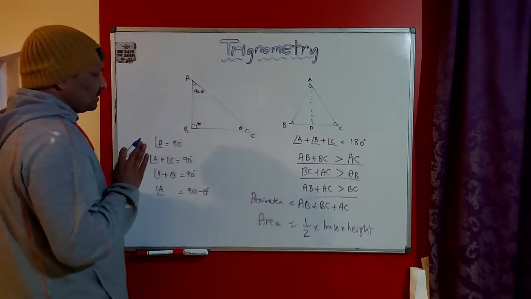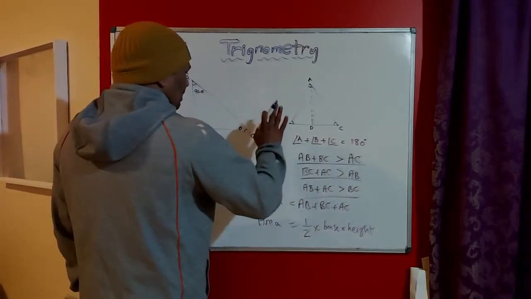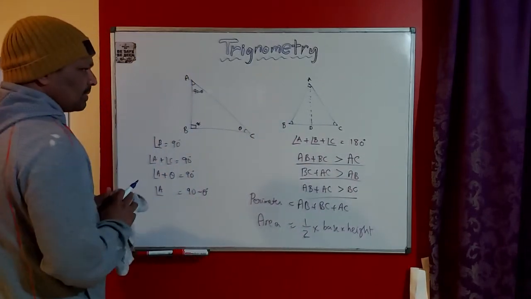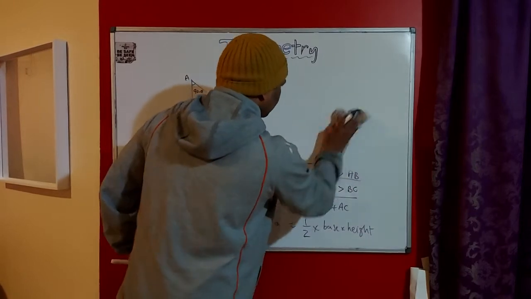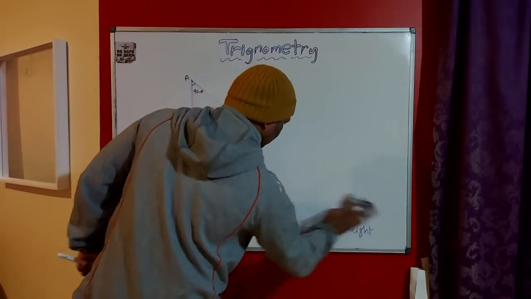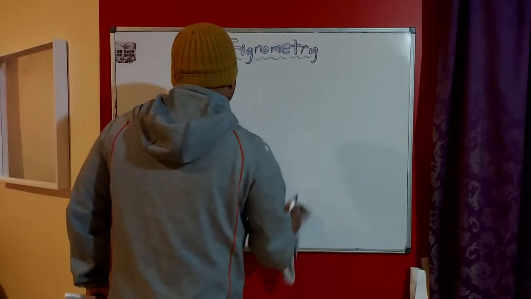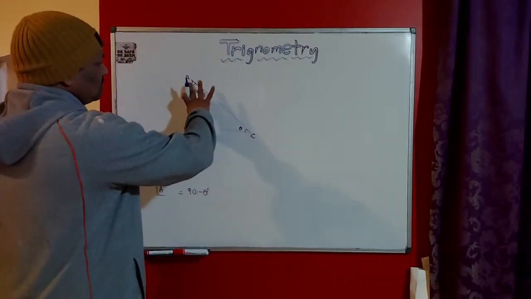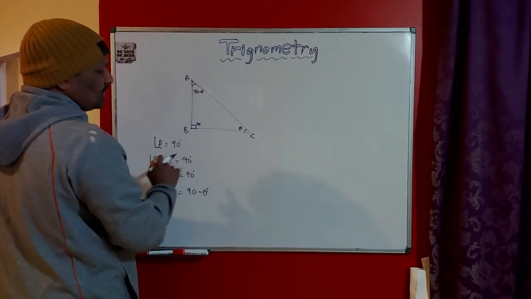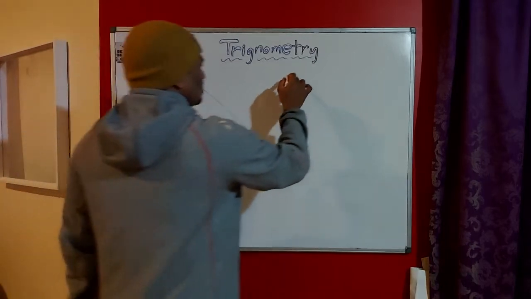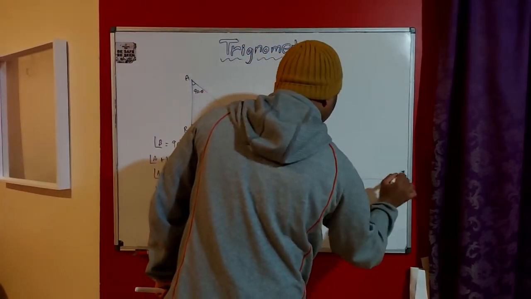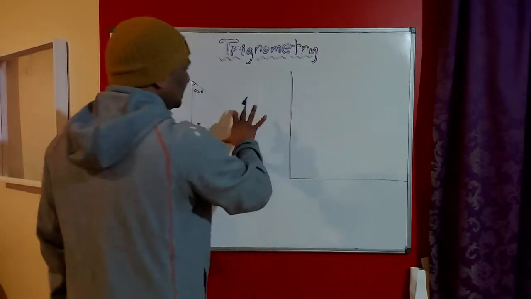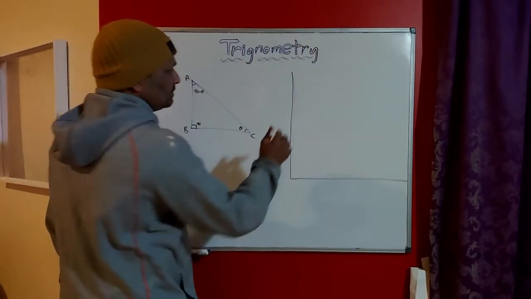For example, I'm going to erase this part here. Okay, so this is a small triangle. So I'm going to redraw the same triangle. I'm going to expand this triangle in a bigger way.